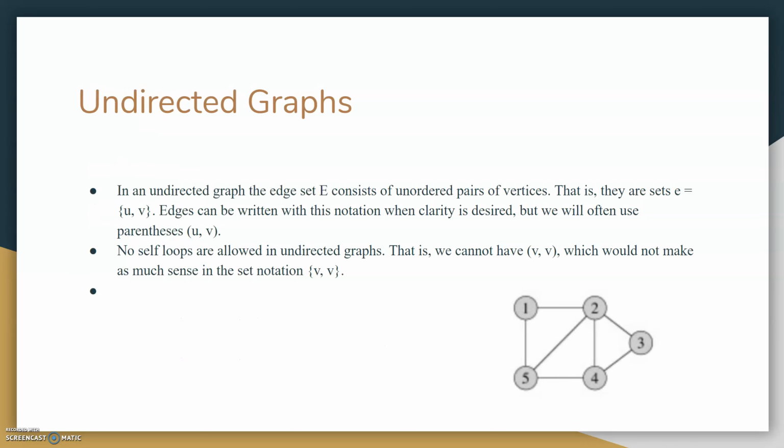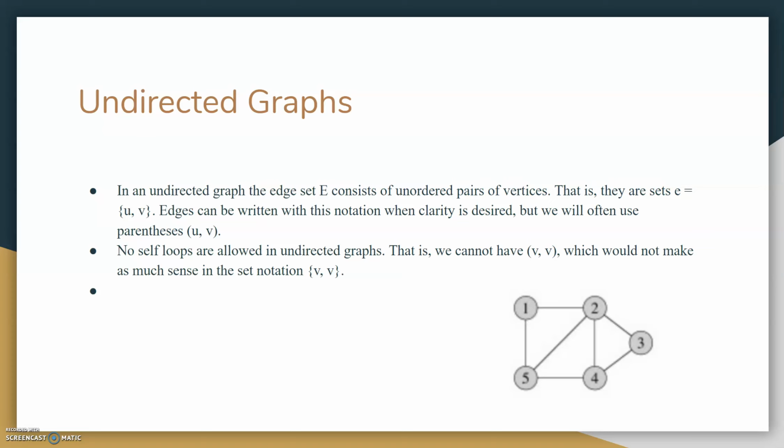There are two types of graphs: undirected and directed. In an undirected graph, the edge set E consists of unordered pairs of vertices. Edges can be written with this notation, the curly braces {u, v}, though when clarity is desired we often use parentheses because we don't know the direction.